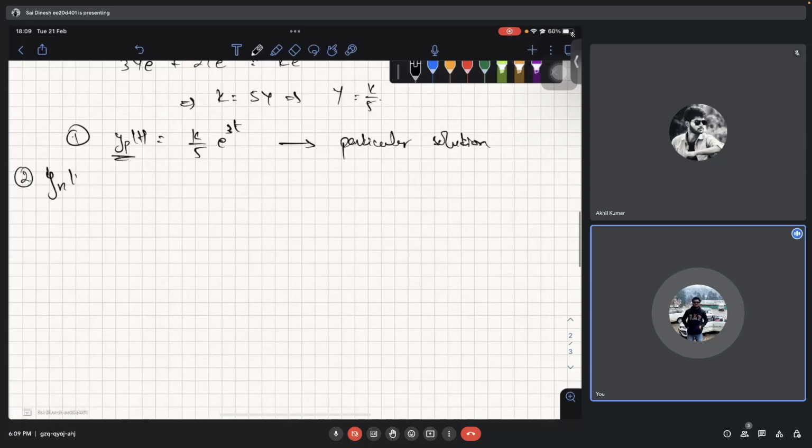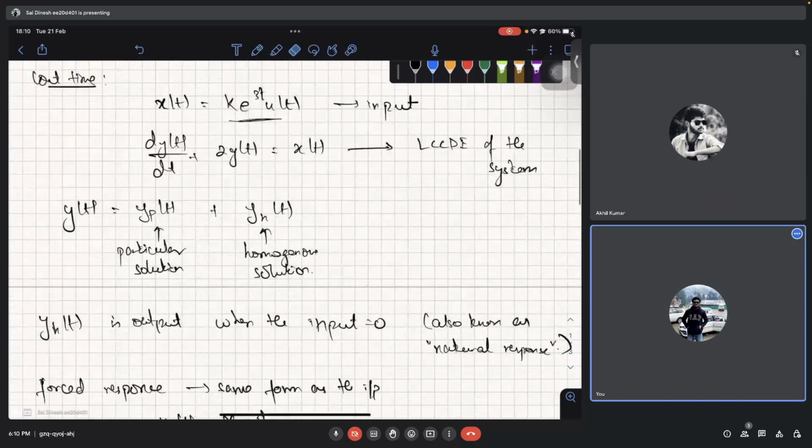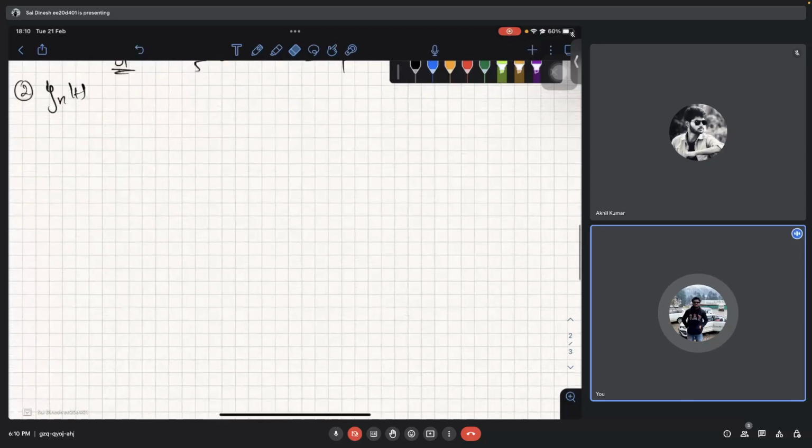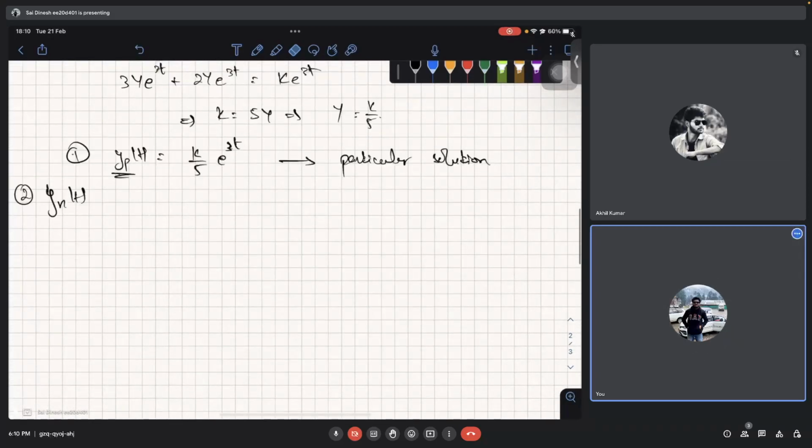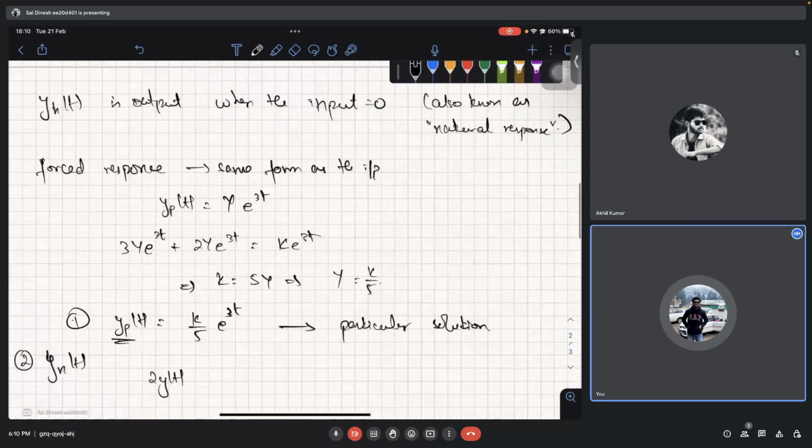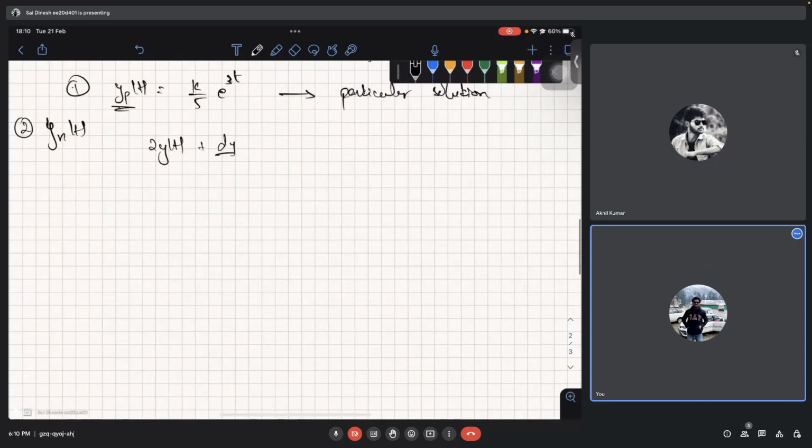So this is the first part. Next is the homogeneous solution. Homogeneous solution is when the input is 0, right? So 2 y of t plus 2 dy by dt equal to 0.